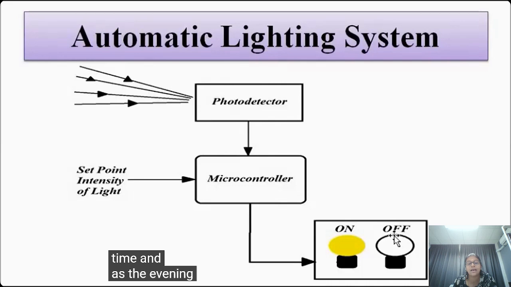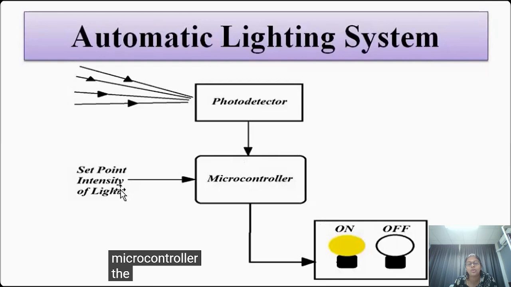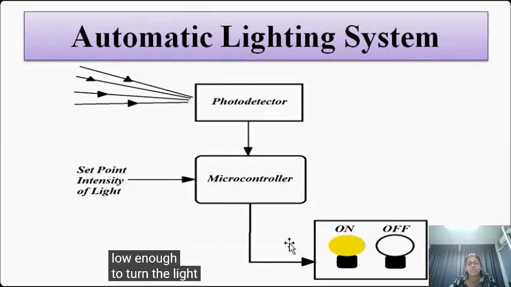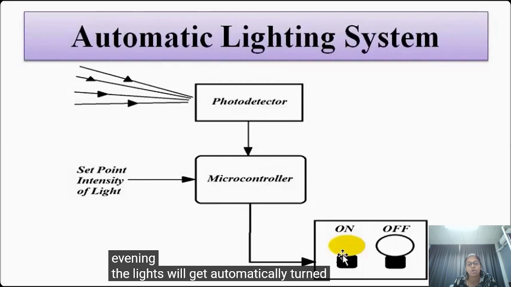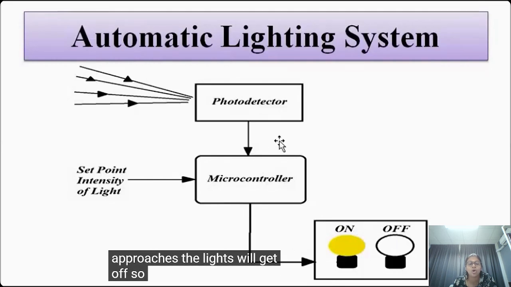And as the evening approaches, the microcontroller compares the photodetector signal with the set point value and detects whether the signal from the detector is low enough to turn the light on. So during the evening the lights will automatically turn on, and as the morning approaches, the lights will turn off.